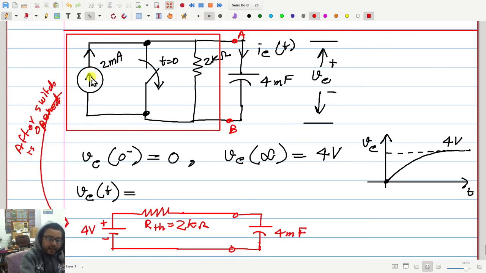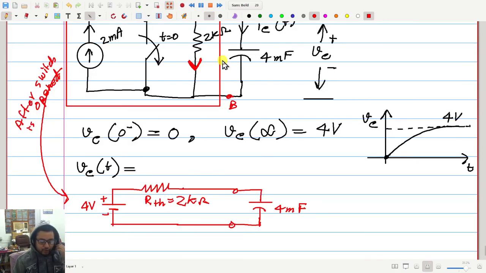Then this current is going only through this 2 kilo ohm resistance, and there is no other path for this current to go, because the switch is open and outside is anyway open since we are finding the Thevenin equivalent. So how much will be the voltage across this resistance? 2 milliampere multiplied by 2 kilo ohm, which is 4 volt.